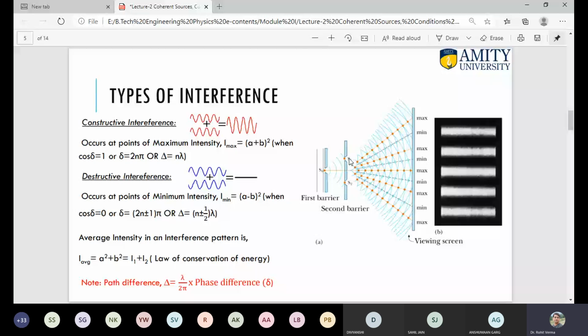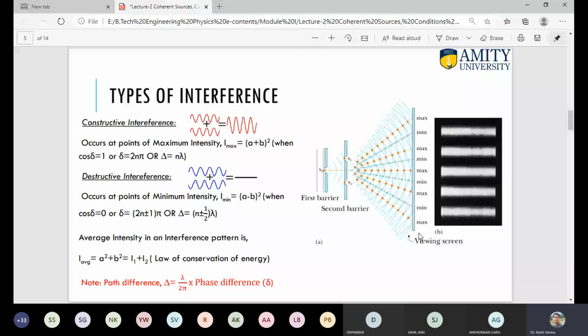So secondary wavefronts, wavelets, will be originated from the pinholes S1 and S2, or you can say from the slits S1 and S2, and then in the forward direction they will interfere according to their phase difference, and on the screen you will be getting alternate dark and bright fringes.